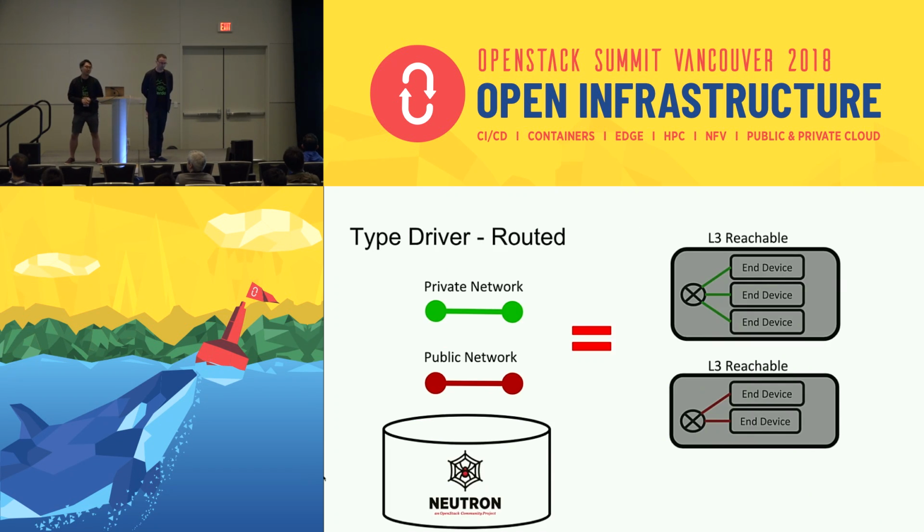Starting from the type driver, it doesn't have much business logic, and it is only needed to represent the new type of network called the routed type. The routed type network ensures no L2 network between the end devices, but ensures all end devices have L3 connectivity.